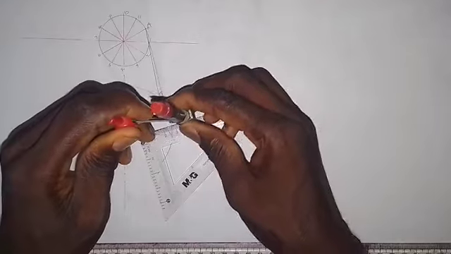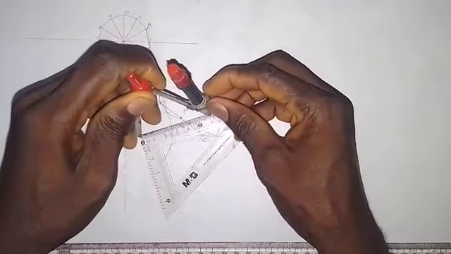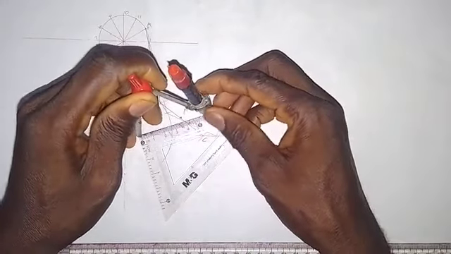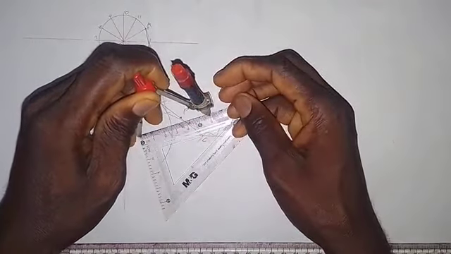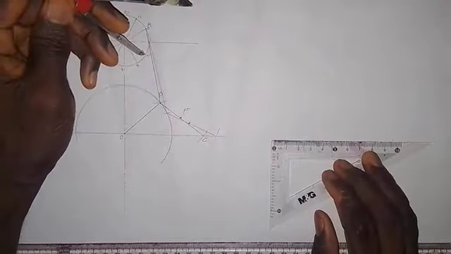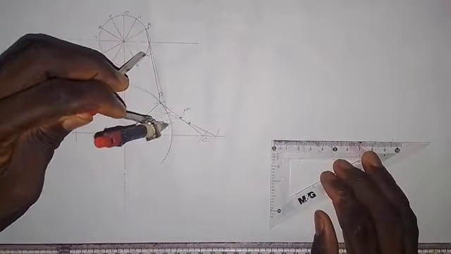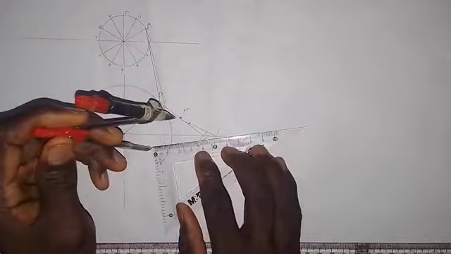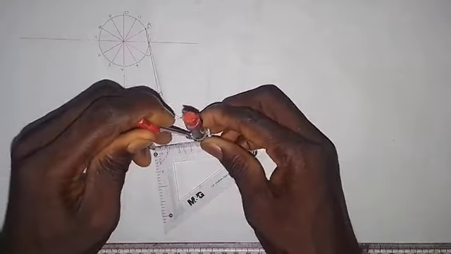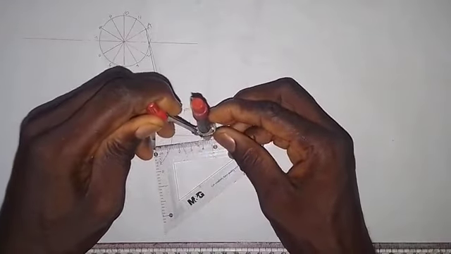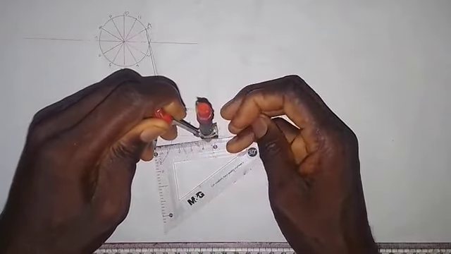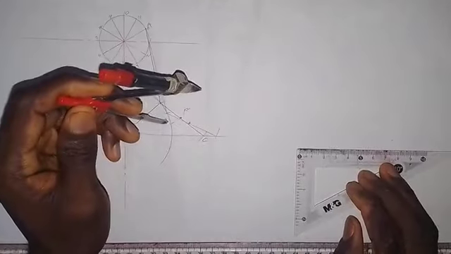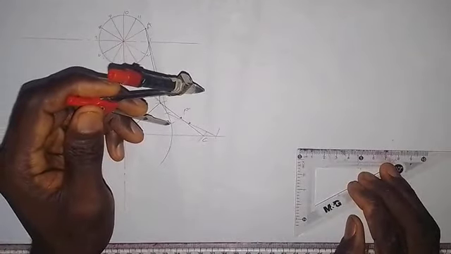So we take 60 millimeters again. So this is 60 millimeters. So we put the midpoint here at 2. Then we make an arc on this arc here. So this is the new point B. At the same time, I will now take 45 millimeters. I think this will be better if I use a compass just to keep the distances.